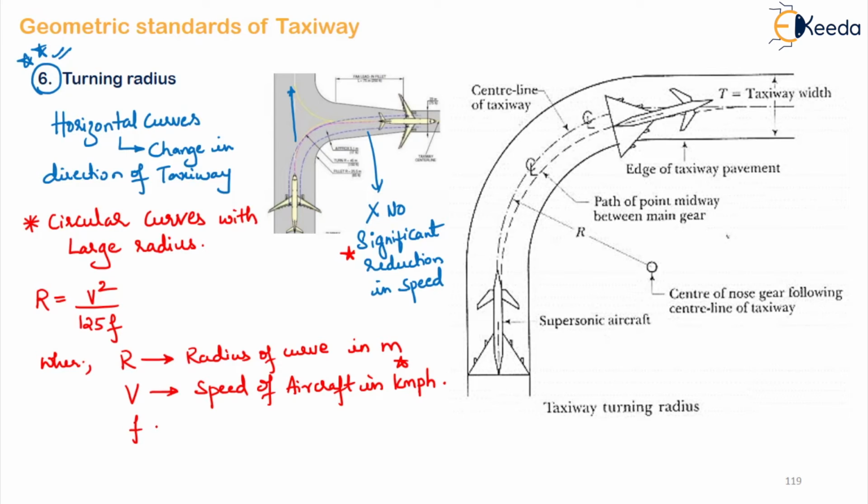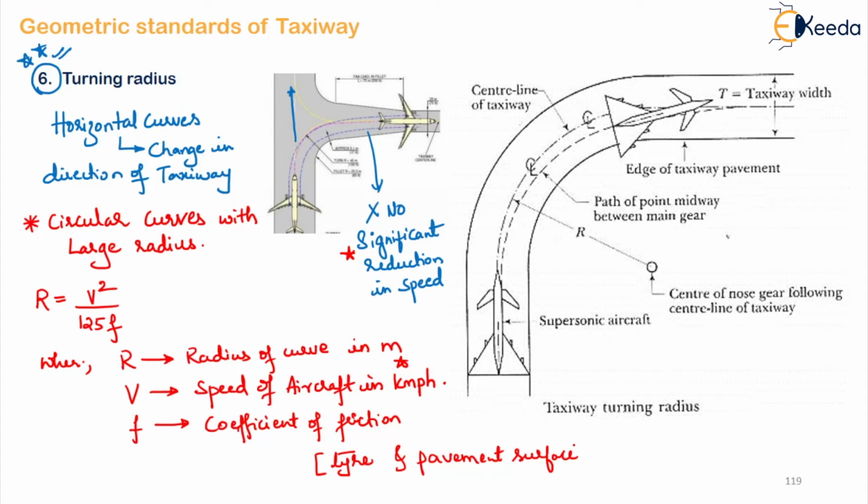And f is the coefficient of friction between your tire and pavement surface, which is usually assumed to be 0.13 if it is not given.